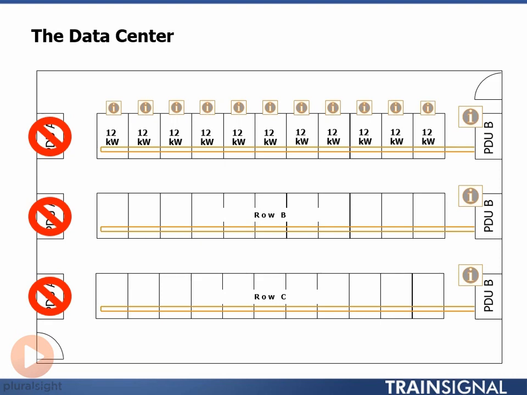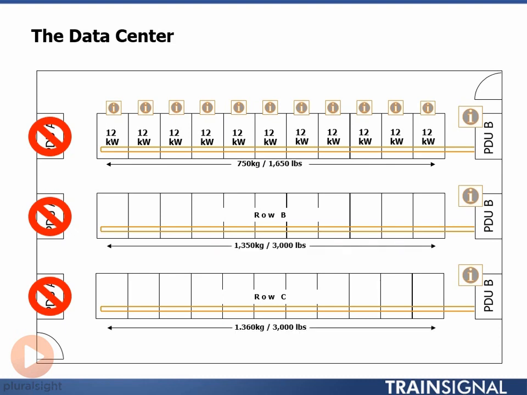Also on the topic of racks and rows, data centers often have raised floors so that power cabling and network cabling can be done under the floor where it's safely out of the way. But this then brings up the point of how much weight can the floor bear. In our example data center, we show that the raised floor supporting row A is capable of supporting 750 kilograms, or slightly over 1,600 pounds per rack, whereas rows B and C are capable of supporting significantly more weight per cab.